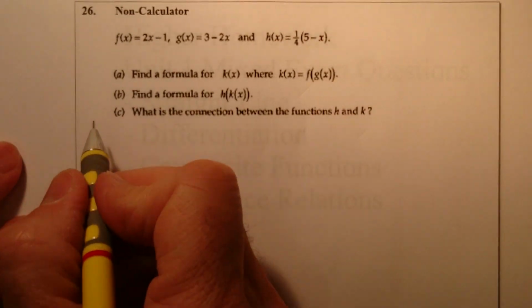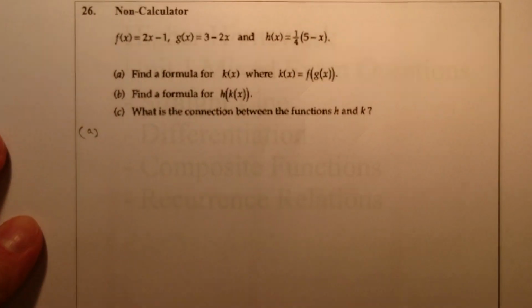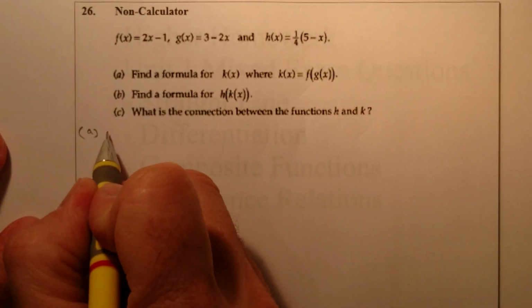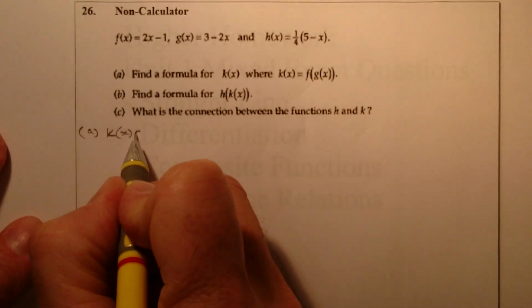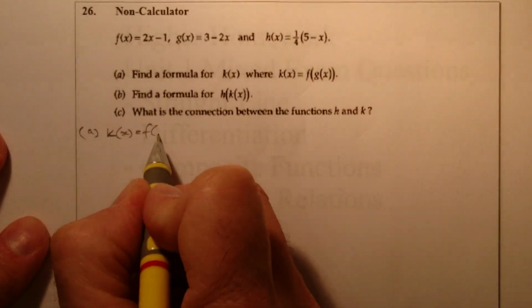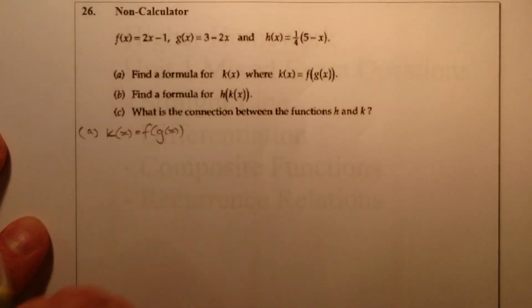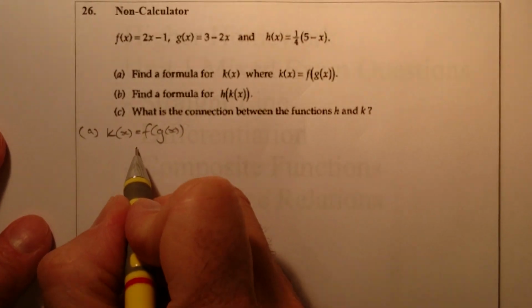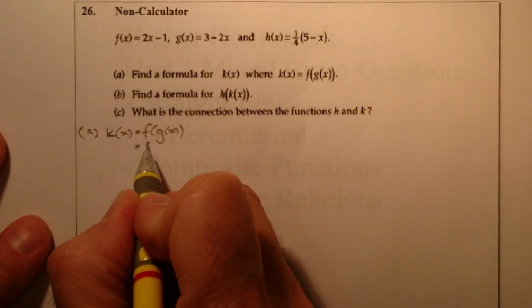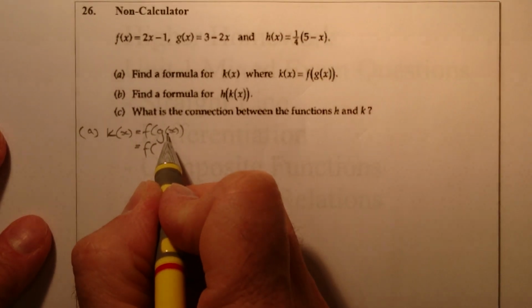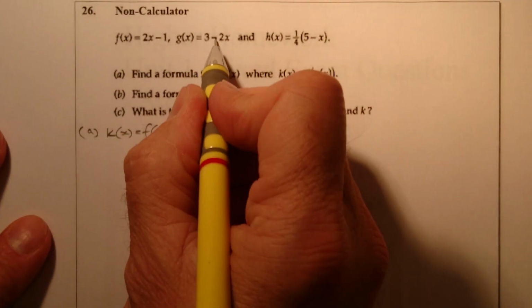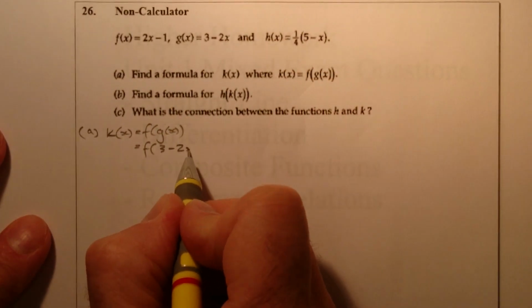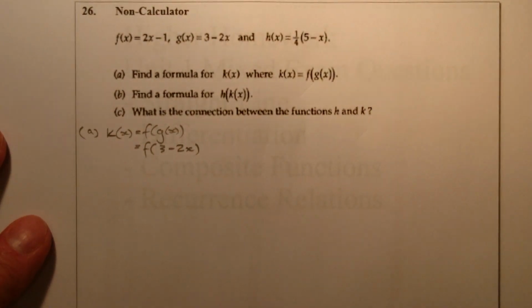Okay, so for part A, we'll start off with k of x is equal to f of g of x. That's what I'm going to state, because that's what I have to work out. First thing I'm going to do is substitute in the g of x function inside that bigger bracket. So that's 3 minus 2x, so that appears there.